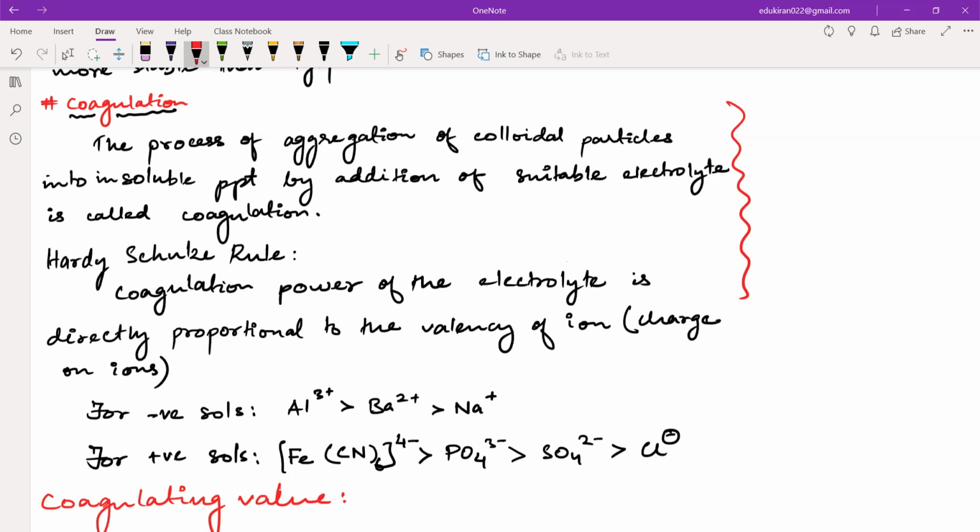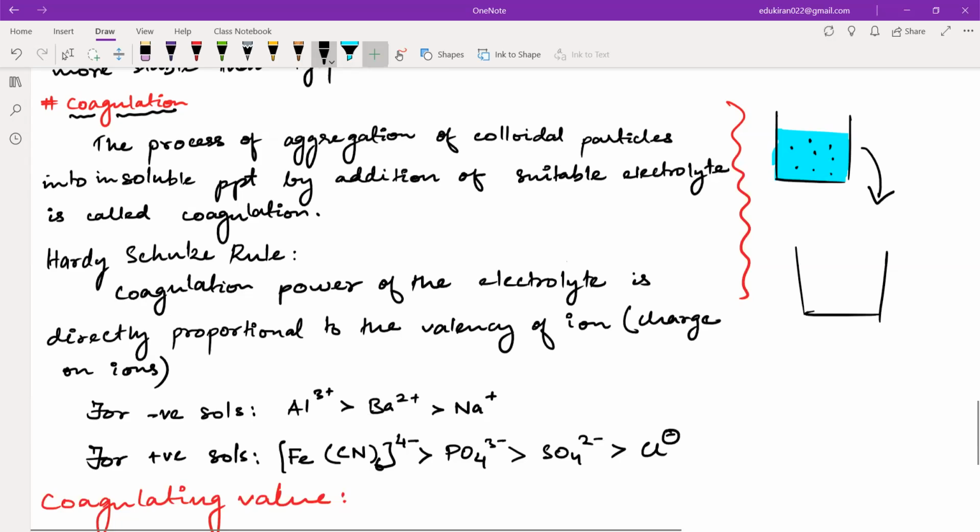So when we have a colloidal solution, and I want to aggregate these colloidal particles, I want to bring them together, this phenomenon is known as coagulation. Now you understand the word coagulation? Yes, sir.